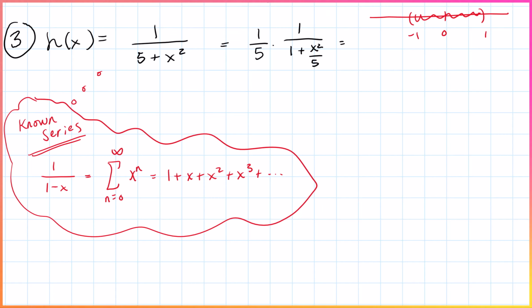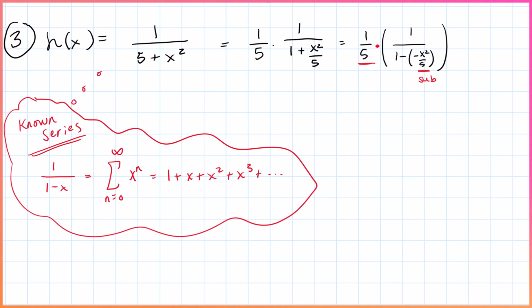And then that, of course, is 1/5 times 1 over 1 minus a negative x squared over 5. And so notice what we've got going on there. We've got a constant, so we're just multiplying a constant, and we can do a substitution. We can sub in negative x squared over 5 into my power series.